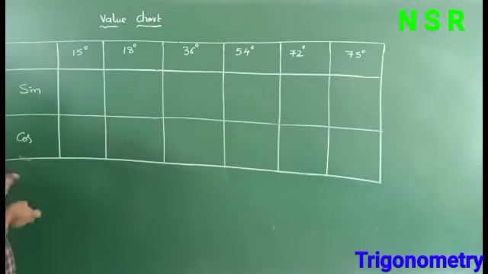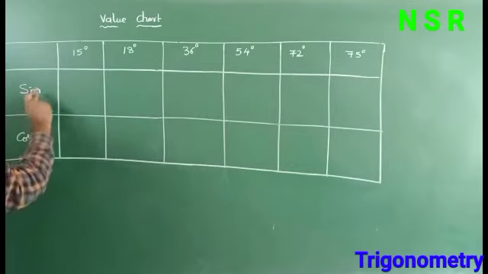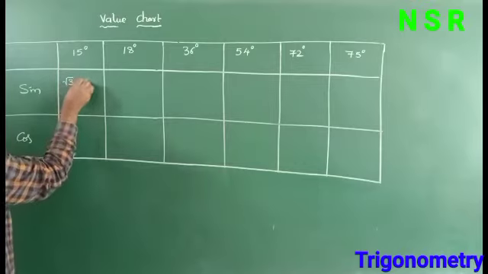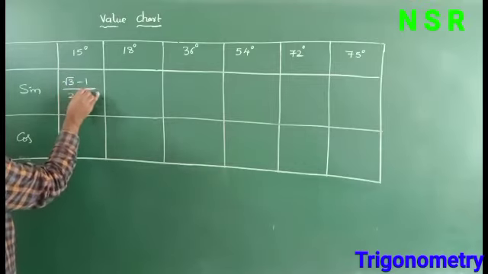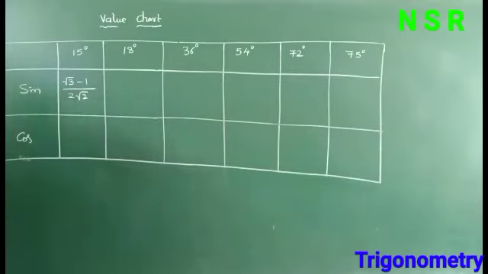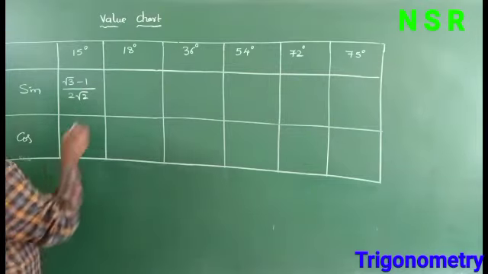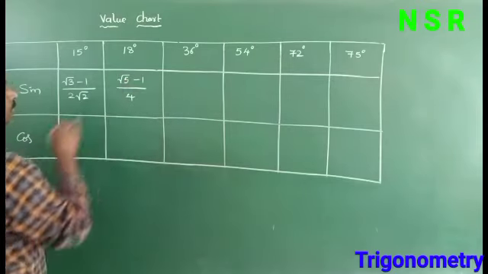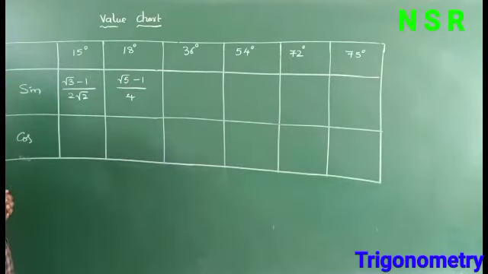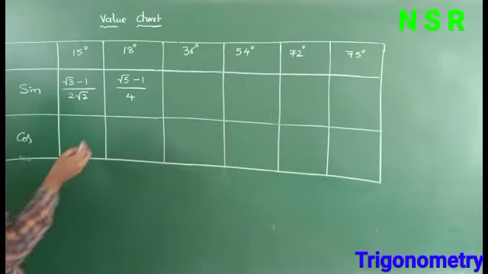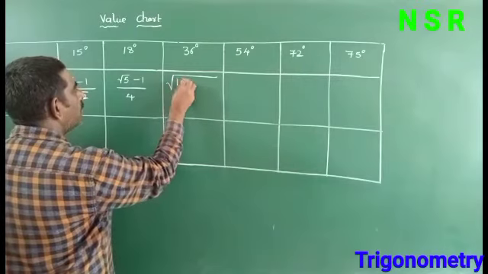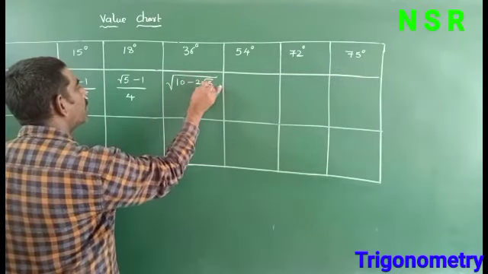Already you know all these values, write in chart. So first sin 15, root 3 minus 1 by 2 root 2. So sin 15 value is root 3 minus 1 by 2 root 2. Next sin 18 value root 5 minus 1 by 4. Next sin 36, square root of 10 minus 2 root 5 by 4.